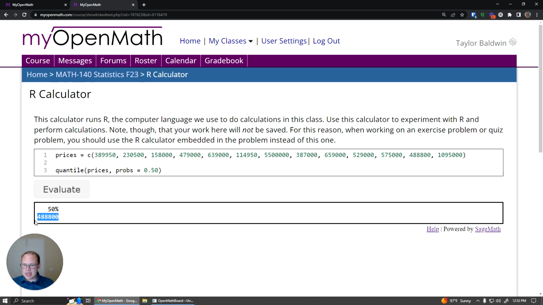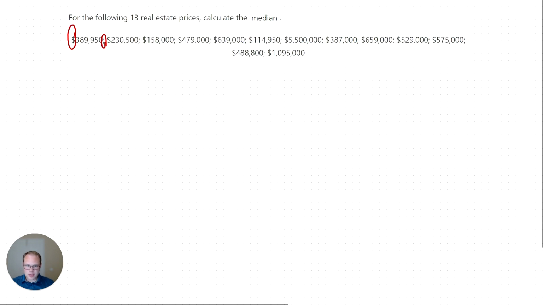So the median, and we sometimes notate the median with M, is 488,800. And I could add back the dollar sign and the comma once I take it back onto my paper to interpret it.